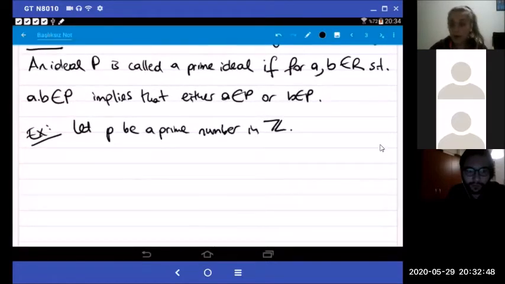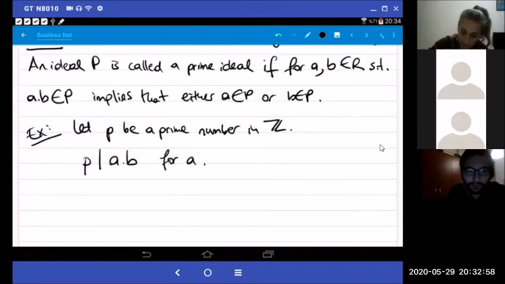Now, for a prime, consider p divides a times b for two integers a and b. Since p is a prime, you can directly say that p divides either a or b or both, but it doesn't matter if it divides both or not.